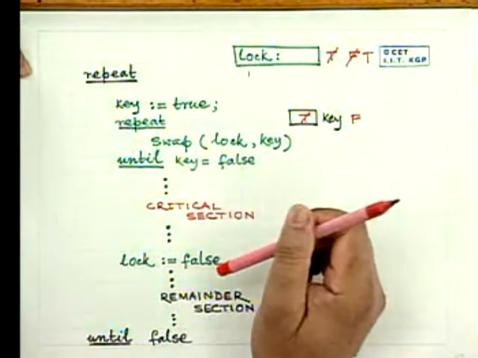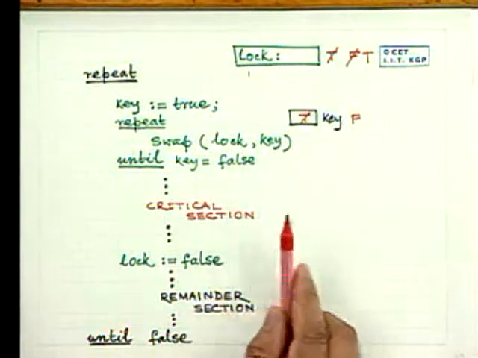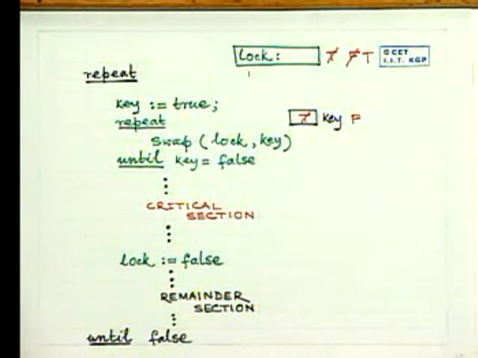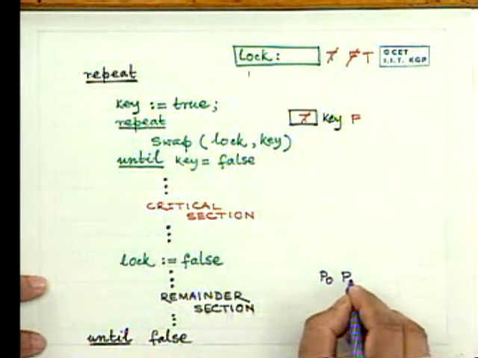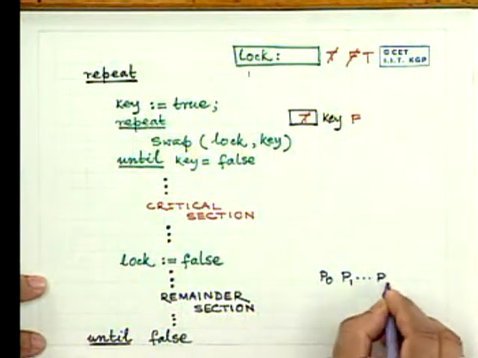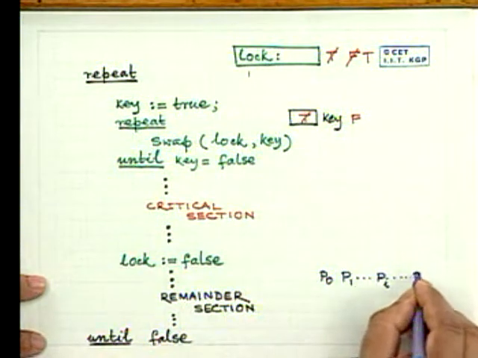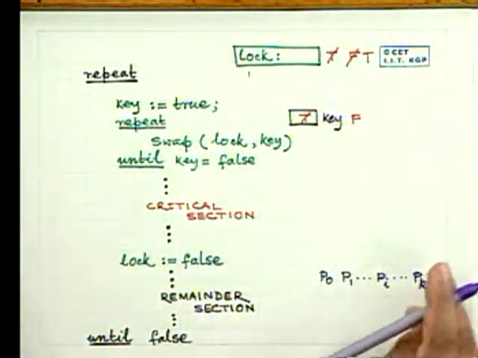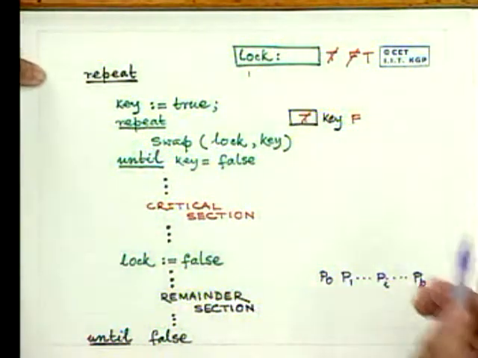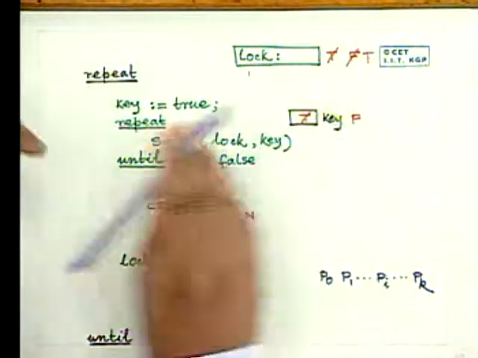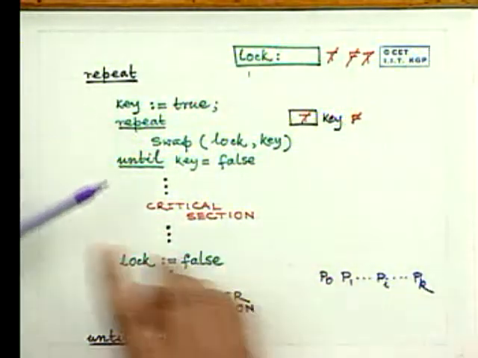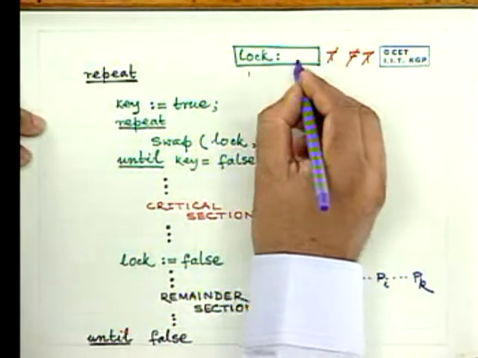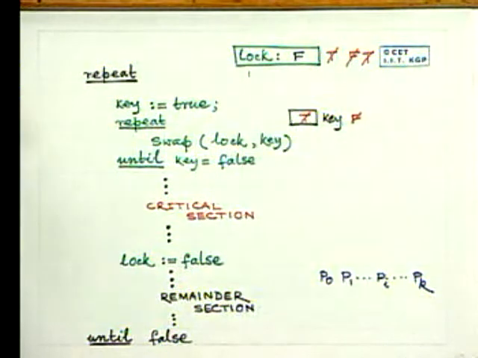the moment key is equal to false, this particular process will enter its critical section. Now, say there are k processes, P0, P1, Pi, Pk. We start once more with lock equal to false.